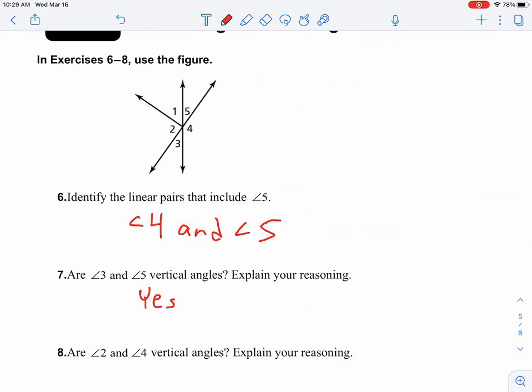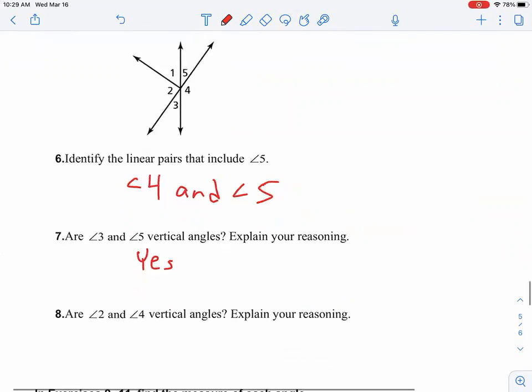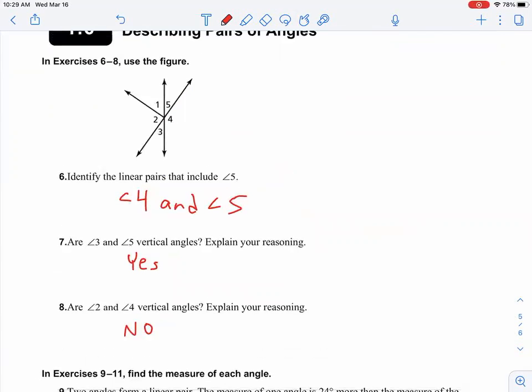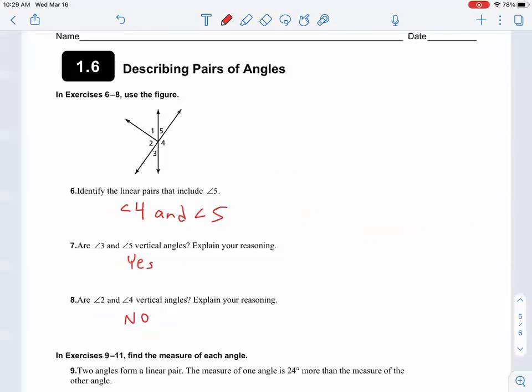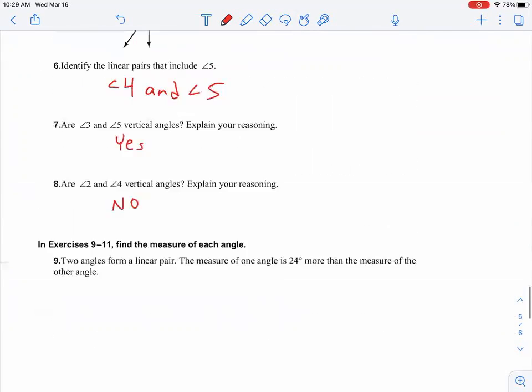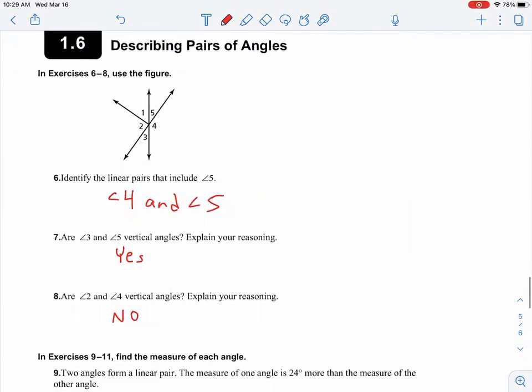What about 2 and 4? You think 2 and 4 are vertical? No, they're not vertical. The reason they're not vertical is because 2 is made up from those two lines, but if I extend those, it cuts into angle 4. All right, any questions on those?